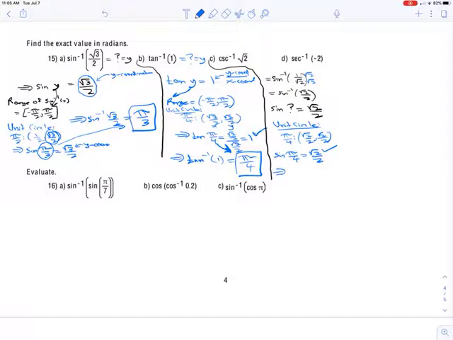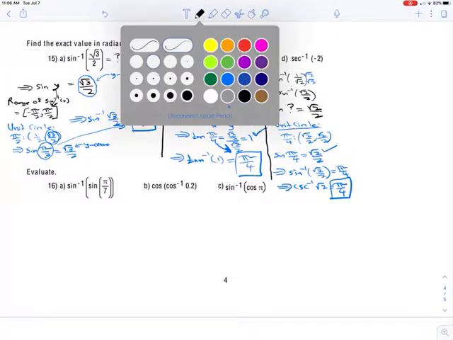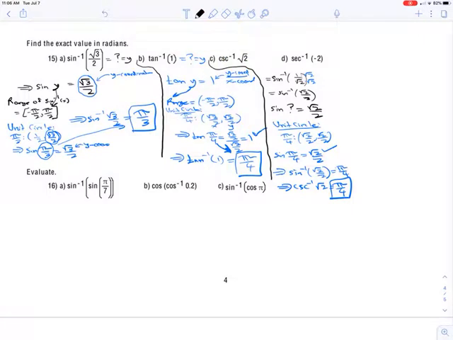So that implies sine inverse of 1 over square root of 2, or square root of 2 over 2, is equal to pi over 4, which implies cosecant inverse of square root of 2 equals pi over 4. So again, we use the unit circle approach, use sine to define that. All right, let's move on. Let's go to example D.